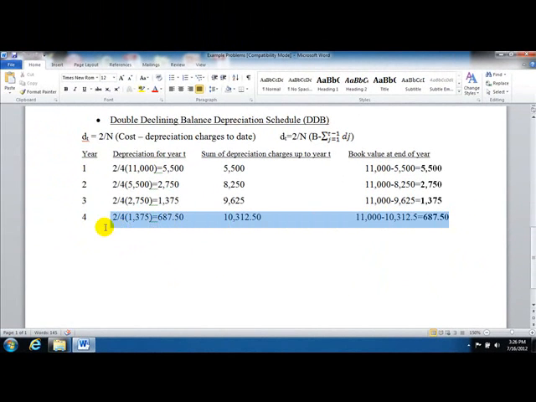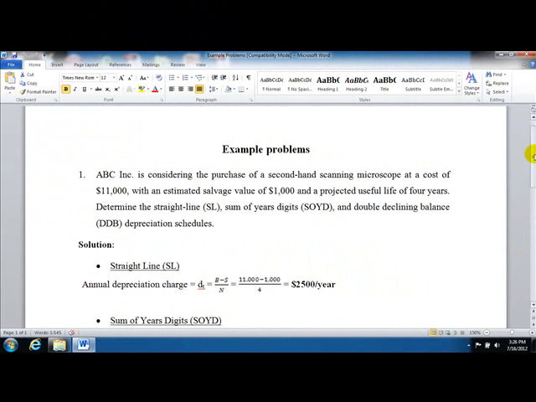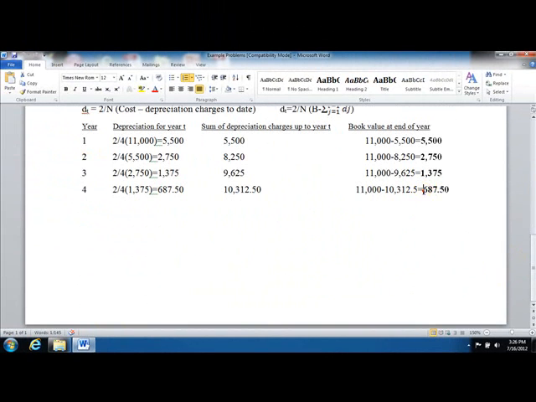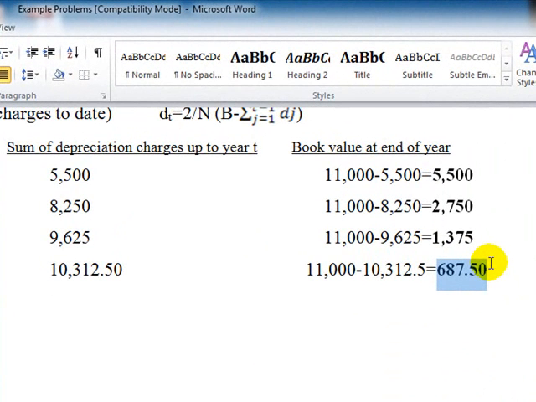But there is a problem here. We know that the salvage value at the end of year 4 is $1,000, right? And our book value is 687.5, so that's not matching. That means the book value cannot go below the declared salvage value.